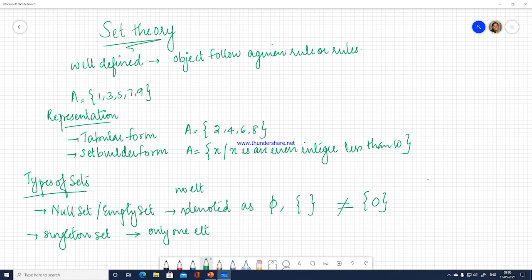For example, if A is equal to {2, 4, 6, 8} and B is equal to {2}, and I ask you to find the intersection of A and B, the common element will be 2. So this is a singleton set.